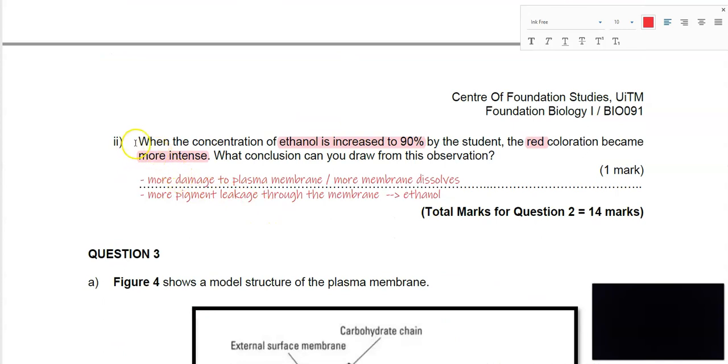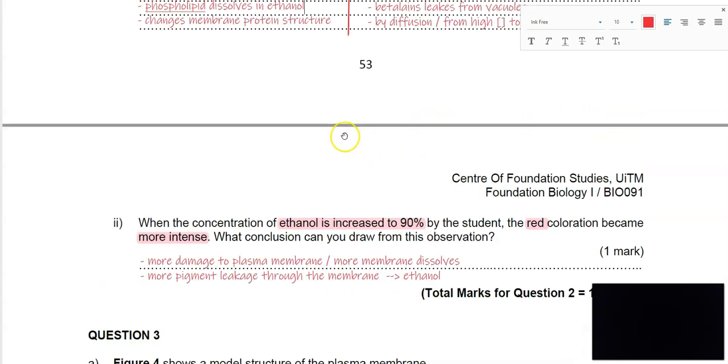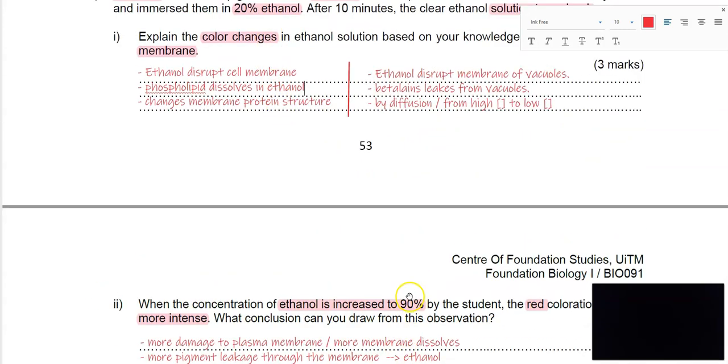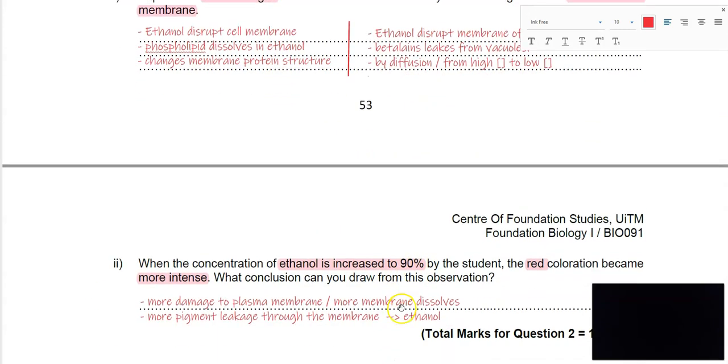Okay, so number 2, when the concentration of ethanol is increased from 20% to 90% by the student, the red coloration becomes more intense. The red color will become much brighter. So what conclusion can you draw from this observation?